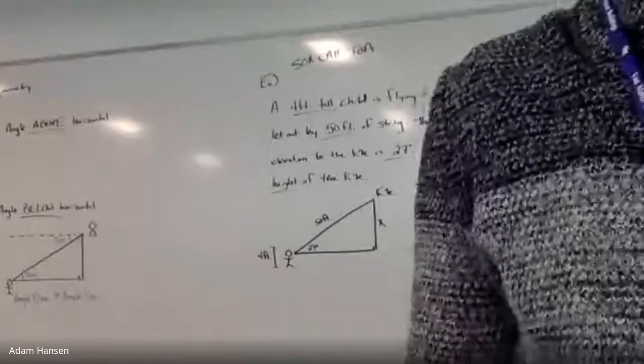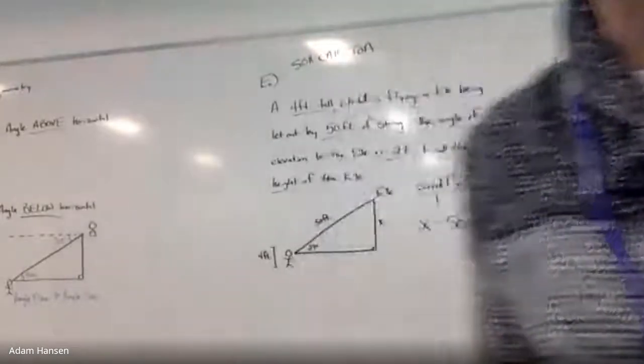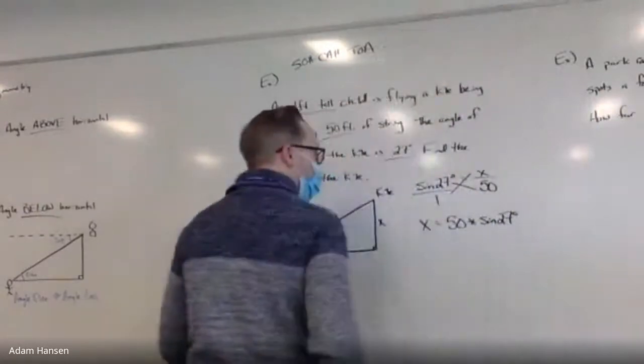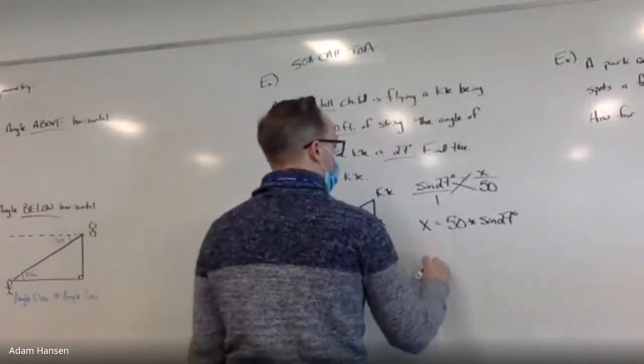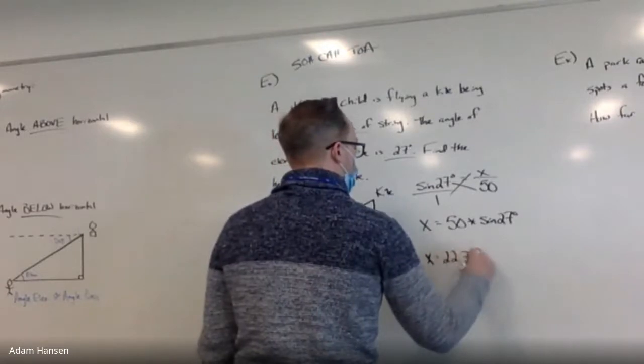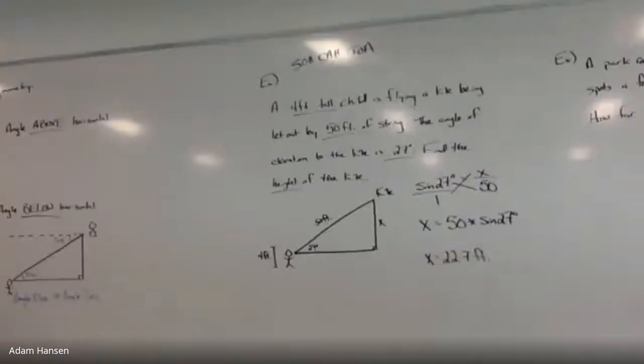Let's type that in. 50 times the sine of 27 degrees is about 22.7. What would that be labeled in? Units of what? Feet. Okay. Trying to find the height of the kite.